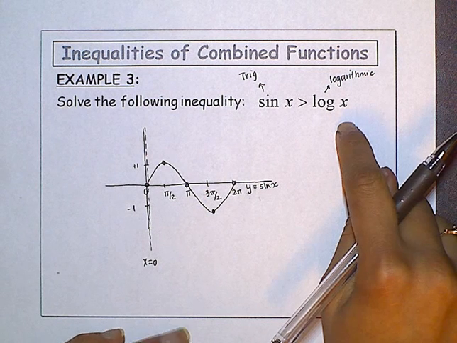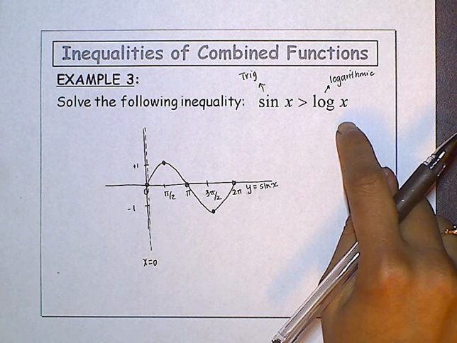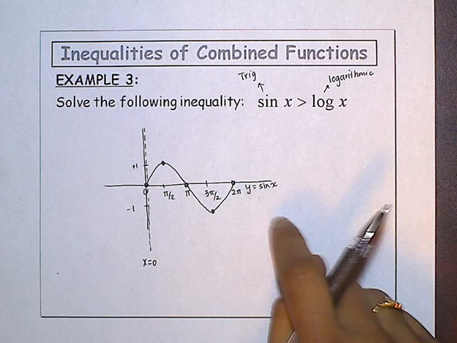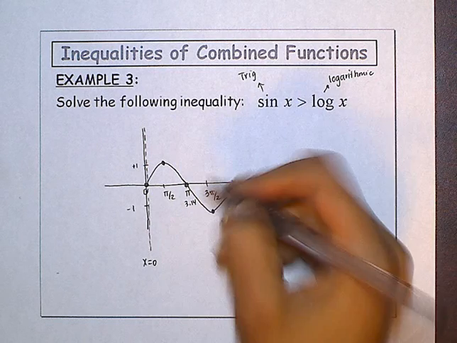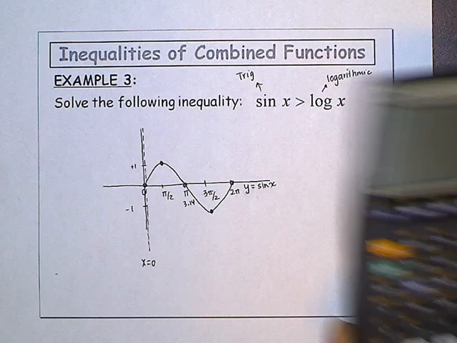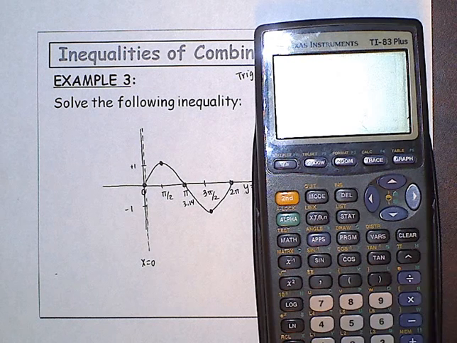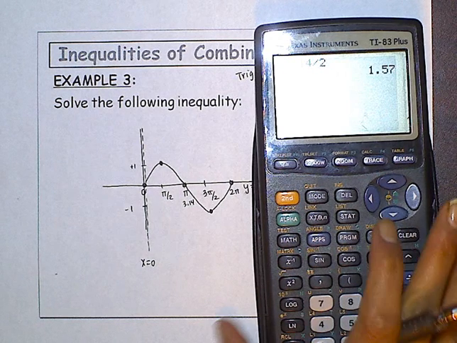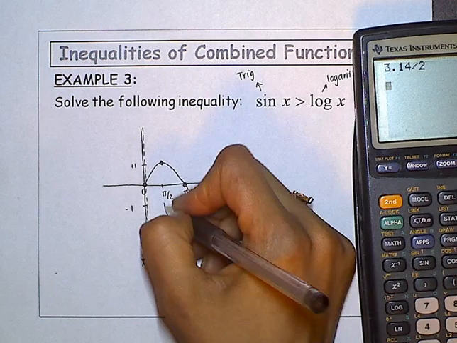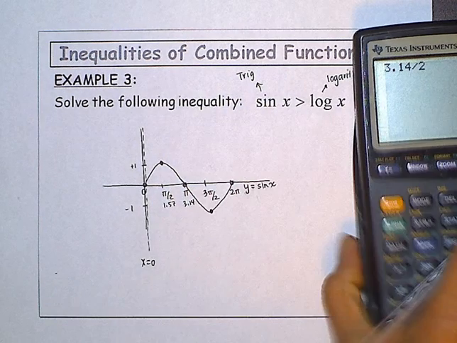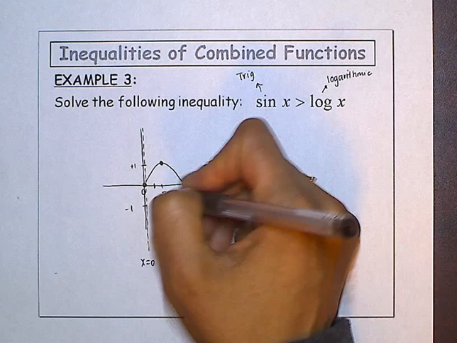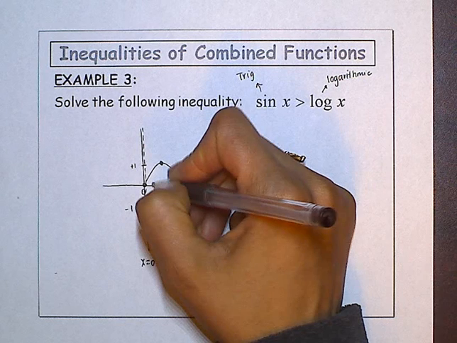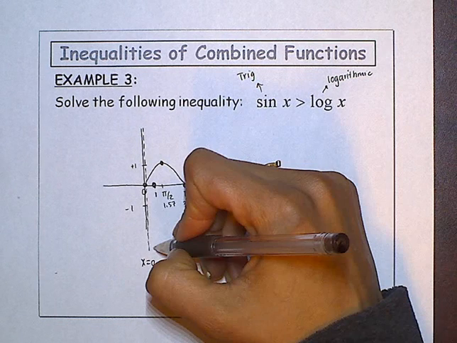Pi is 3.14, so pi over 2 is approximately half of 3.14, which is 1.57. So if I'm looking at 1, it's going to be approximately right there. That's one of the key points for a logarithmic function. I'm going to go ahead and graph my log function. So that's y equals log of x.